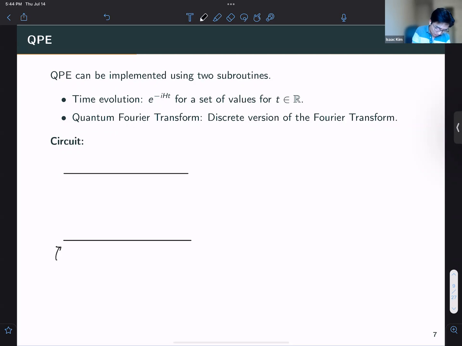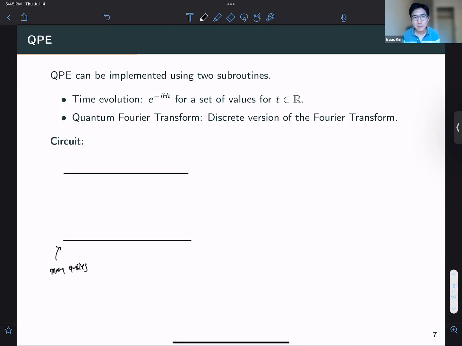Like last time, for an individual qubit I draw a single line, but obviously in this case the system on which the Hamiltonian acts can have more than 1 qubit. So this really consists of many qubits.